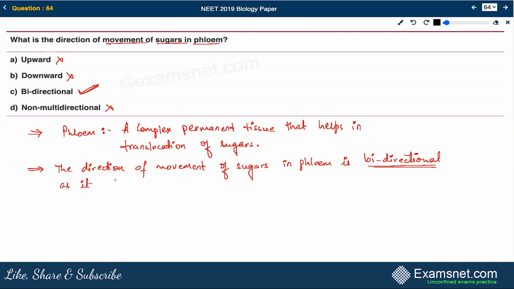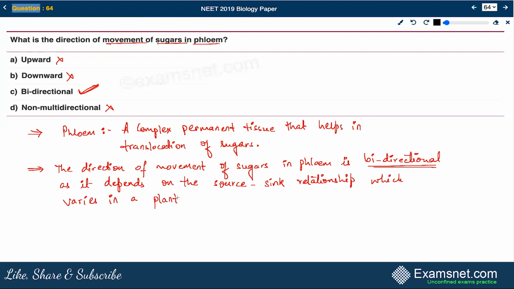As it depends on the source and sink relationship. Now, what do you mean by source and sink? Source is that part of the plant body where food is synthesized, like leaves or green stems. And sink is that part of the plant body where the food will ultimately be stored. So it depends upon the source and sink relationship, which varies in a plant body.